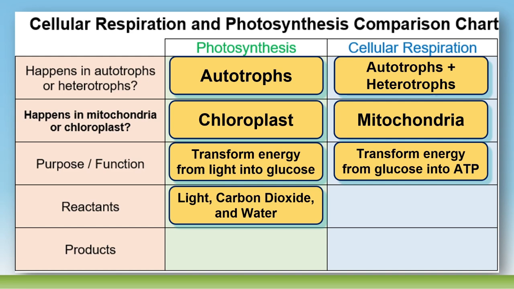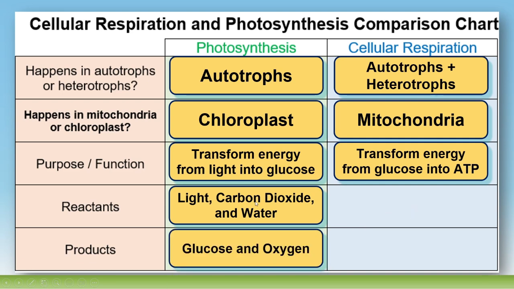Okay, so what are the reactants that go into cellular respiration. Oh, just kidding. We're going to look at the products of photosynthesis first. So the products of photosynthesis, or the end result, is glucose, or C6H12O2, and oxygen, or just O2.